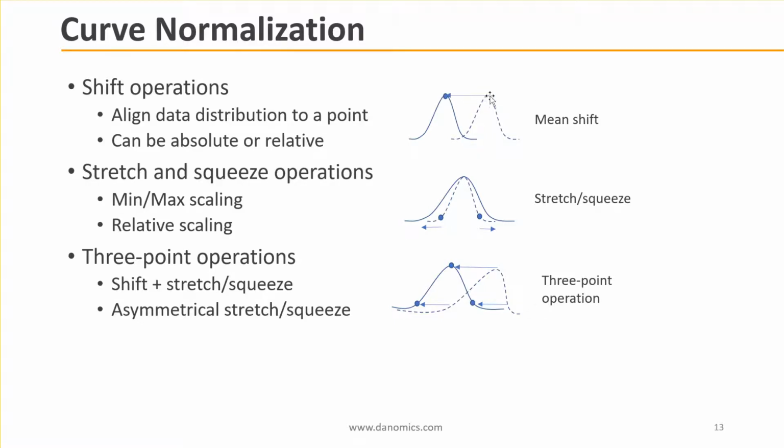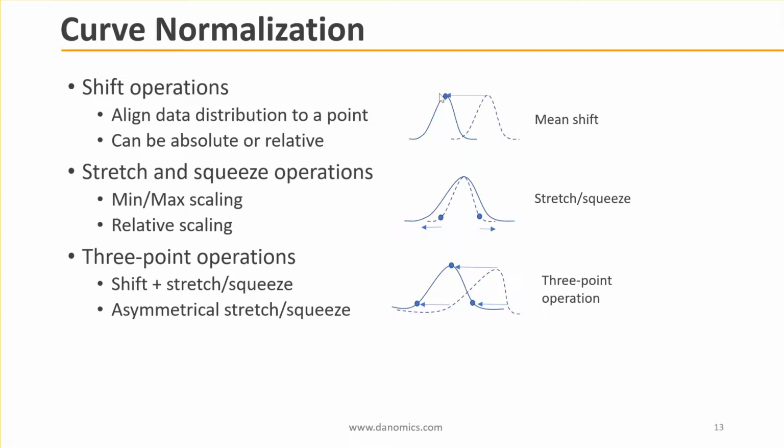So I'm showing in this that we are shifting the data over, and this can be shifting so that your minimum value is a certain value, or such that your mean is a certain value, and this can be relative to another well, or it can be an absolute value that you're shifting to. There's stretch and squeeze operations.